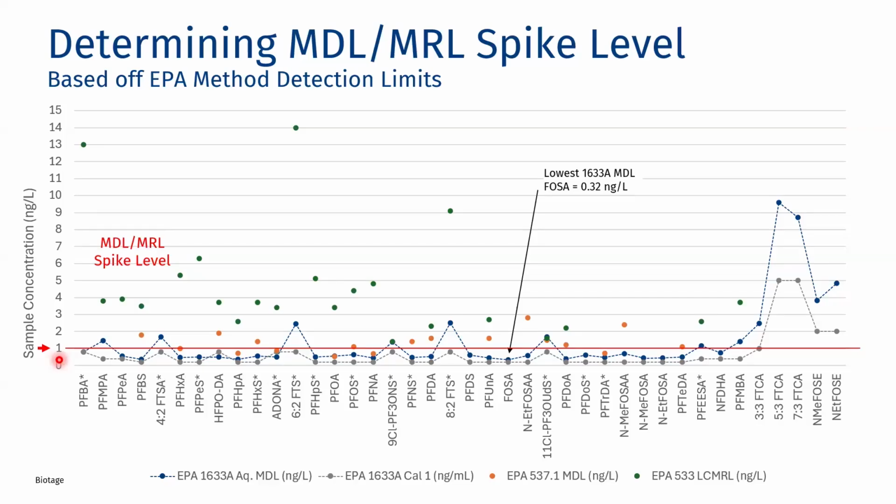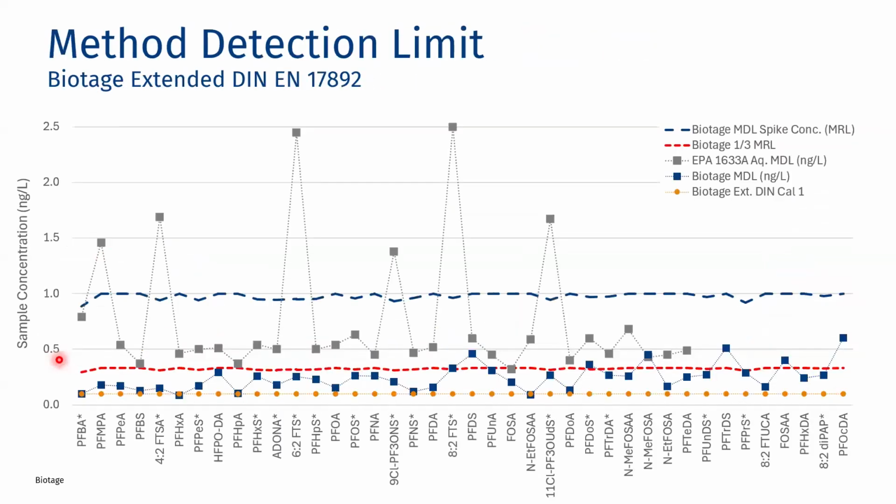And so when you're spiking at that level, you also need to make sure you're calibrated below that level. So here's our spike level of 1 nanogram per liter in this blue dotted line. And you can see the dips are due to the fact that we've corrected for the salt form of the compound. And then our spike level is actually 0.1 nanograms per liter sample concentration.